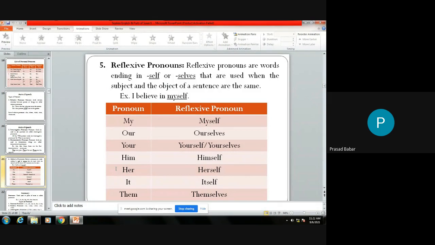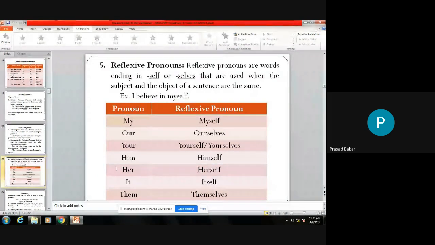The words which have the suffix self or selves at the end are called reflexive pronouns.